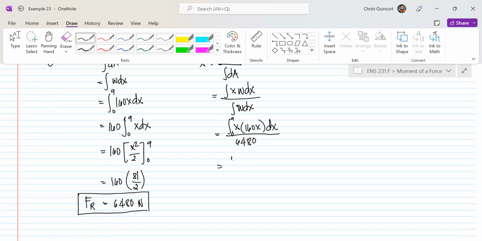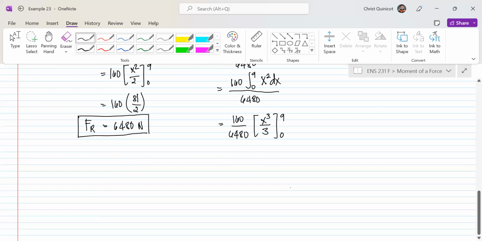This is 160 integral from 0 to 9 of x squared dx divided by 6,480. And this is equal to 160 over 6,480 bracket, that is x cubed over 3, evaluated from 0 to 9.